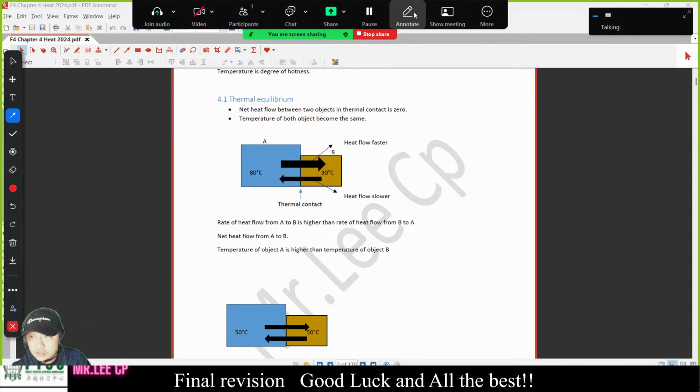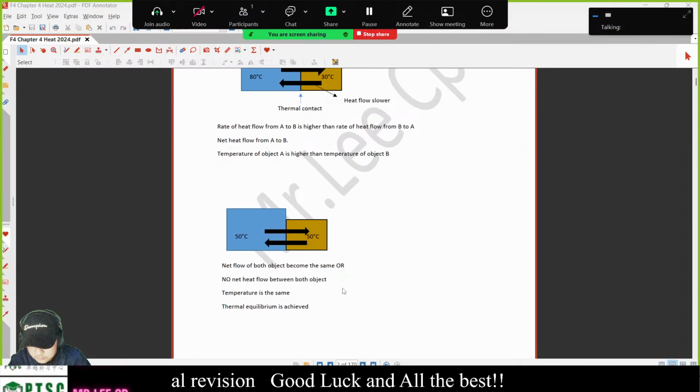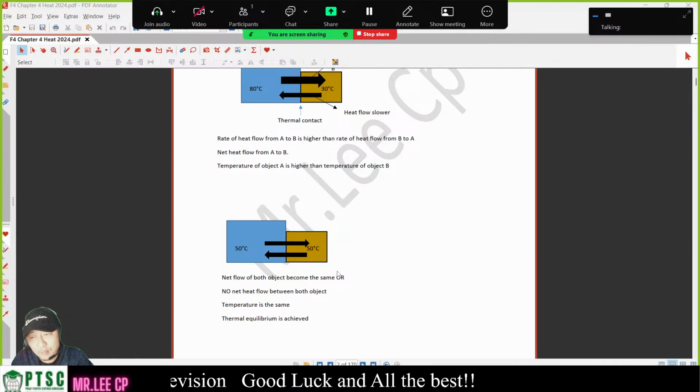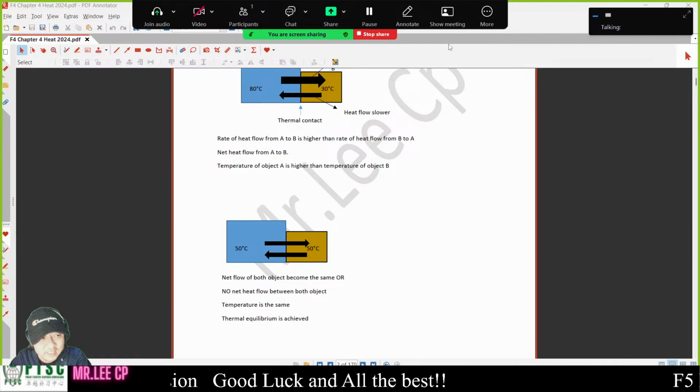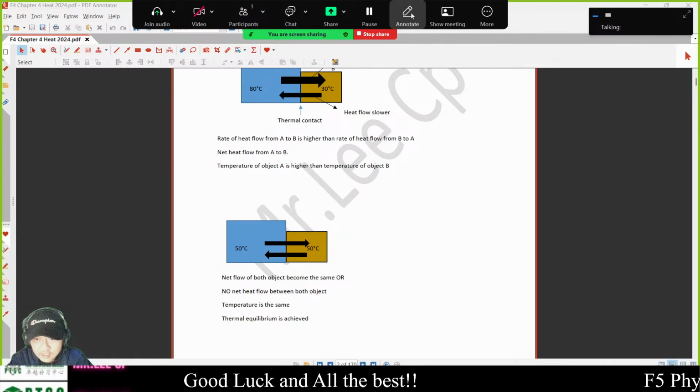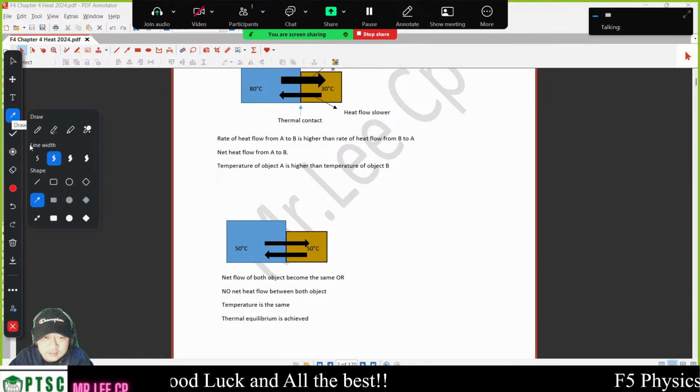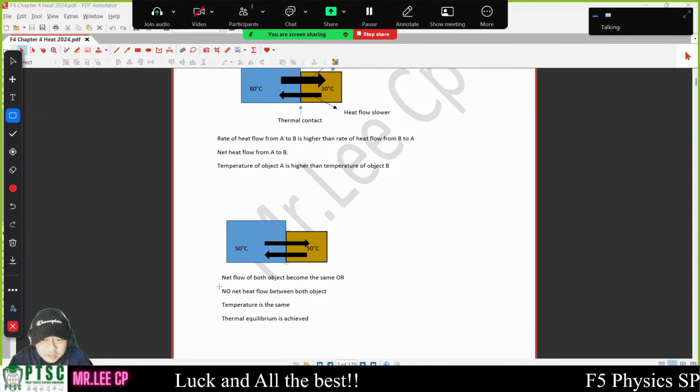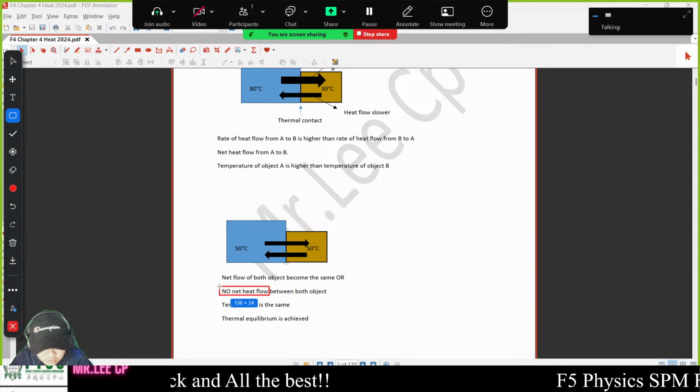A common mistake that students make is this. The student says that at thermal equilibrium there is no net heat flow. Yes, this is correct.